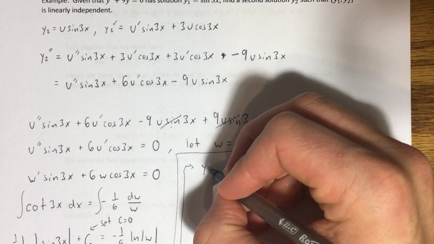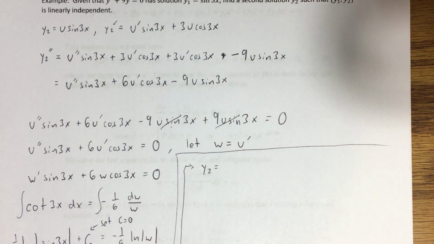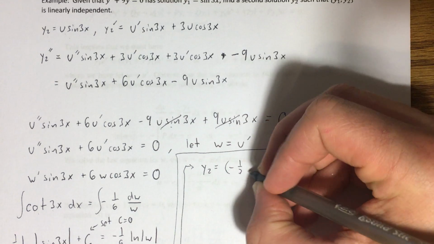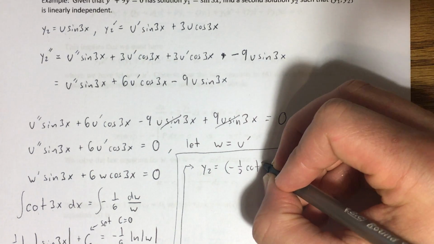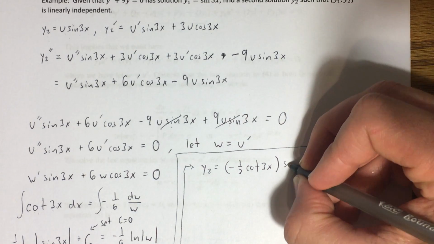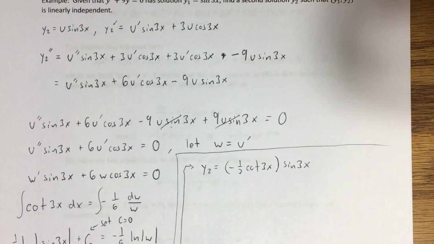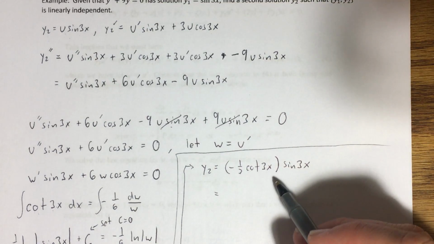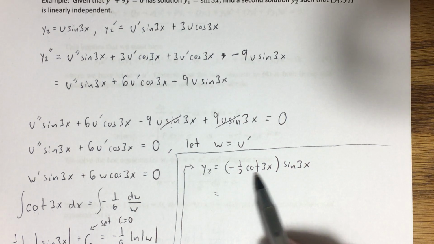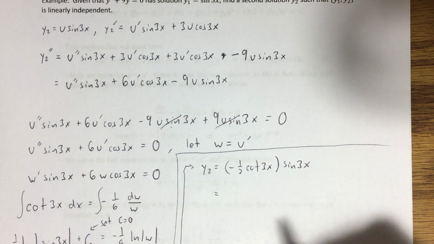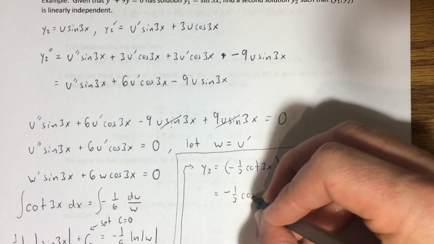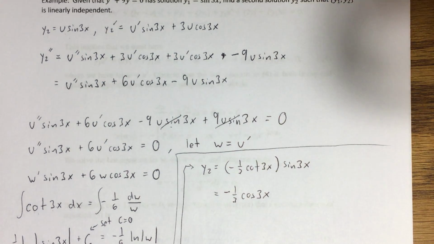So that means that y2 is equal to our function u, which is negative 1/3 cotangent of 3x times sine of 3x. That's y1. Cotangent of 3x is the same thing as cosine of 3x over sine of 3x. The denominator of the sine will cancel with this, and I'm left with negative 1/3 cosine of 3x.